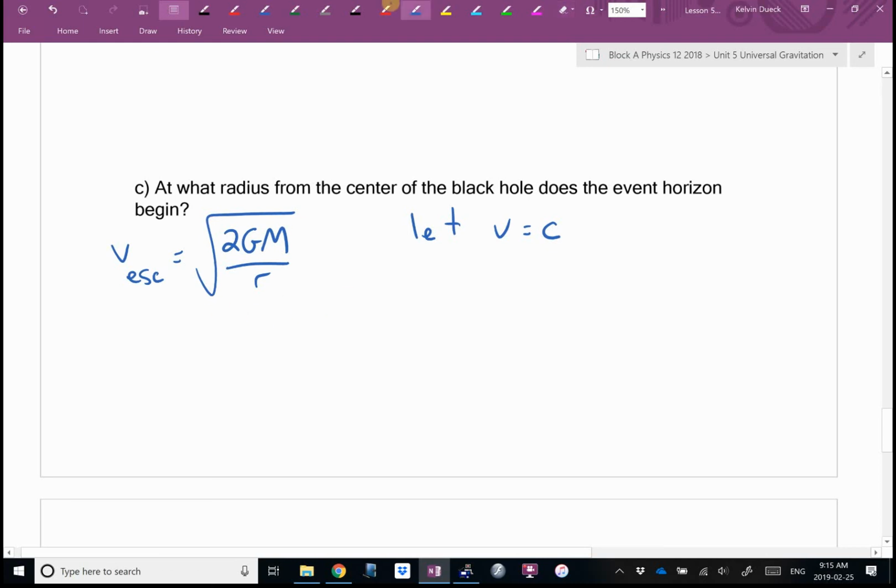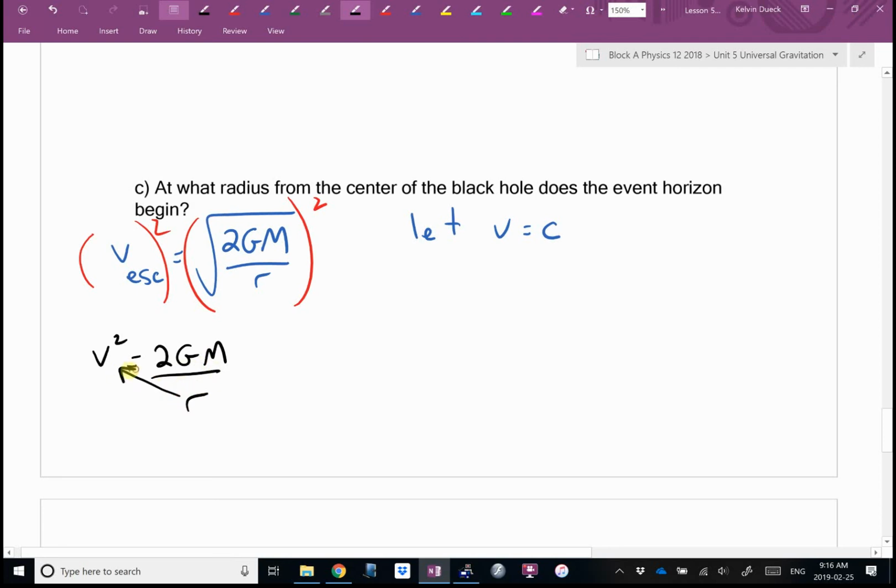So first thing I'm going to do, Thomas, is I'm going to square both sides. You actually look at square root equations in Math 11, and this is also useful. We're going to get v squared equals 2 big G big M over r.